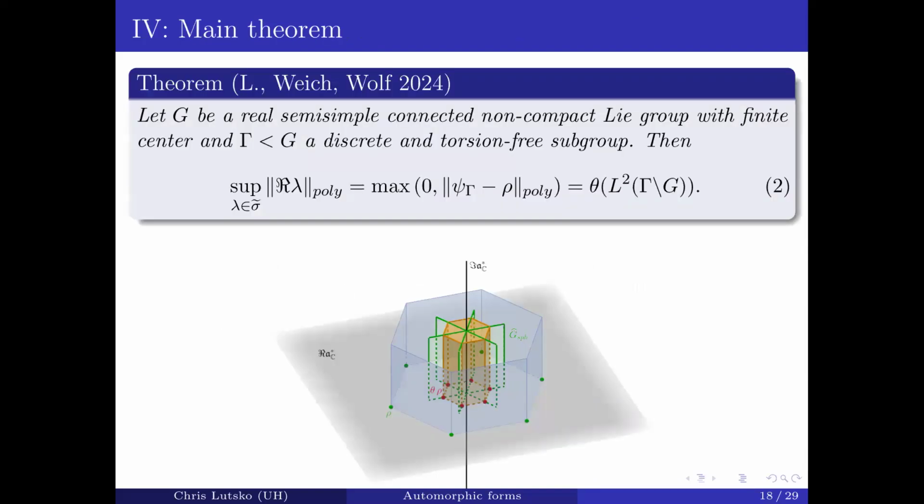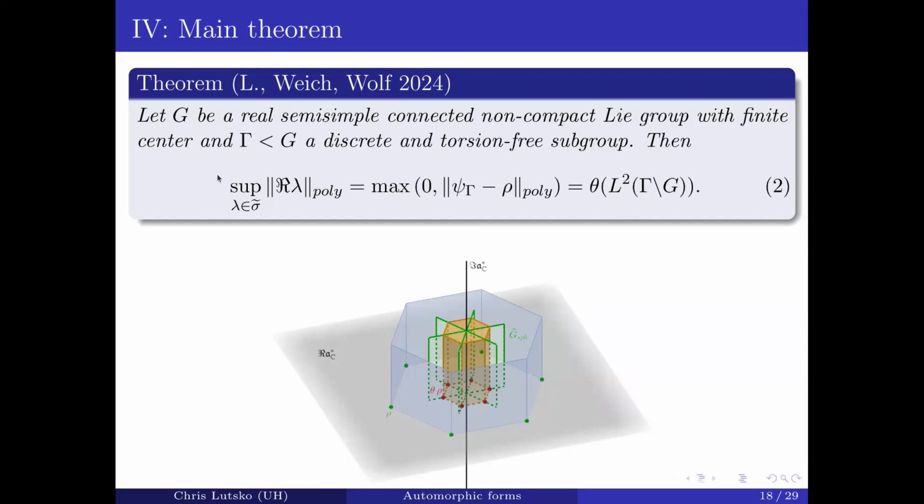Cool. In which case, here is our theorem. So G is now, again, a real semi-simple connected non-compact Lie group, finite center. Gamma is just going to be some discrete torsion-free subgroup. So on the left, I have a bound on the real part of the spectrum. It's in terms of our weird polyhedral norm, but we can just ignore that.